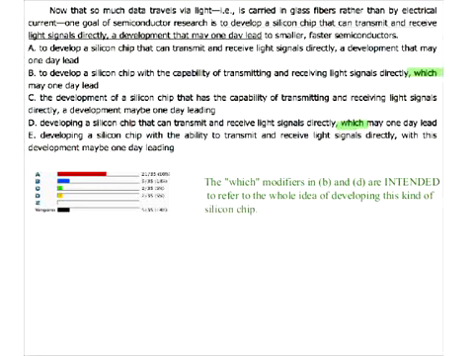That's the intended meaning, because remember that you always want to figure out what the sentence is trying to say before you dig into these grammar points. The meaning of the sentence is that semiconductor researchers are trying to make a silicon chip that will do these direct light signals, and if that development comes to pass, then it'll lead to smaller semiconductors.